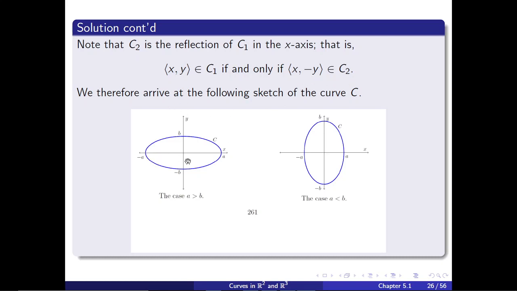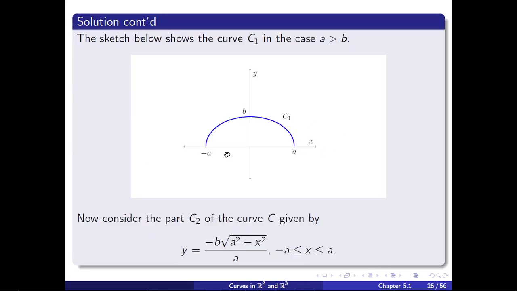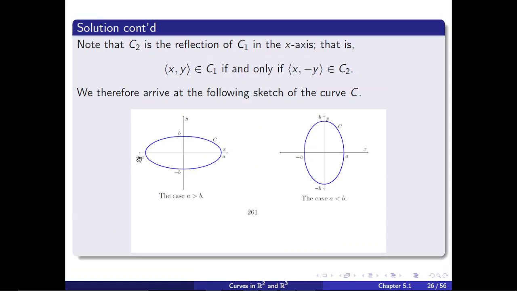So depending on which number is bigger, a or b, here we had assumed that a is greater than b in this sketch. So if we look at the reflection, we get this now, right? When a is less than b, that means that the egg shape looks vertical like that, right?